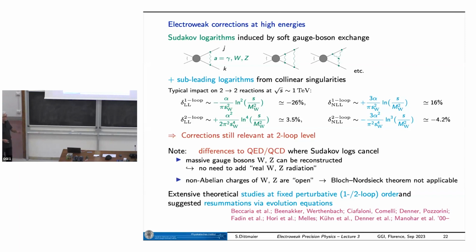Which means that whatever you do, even if you want to reach the level of inclusiveness to kill these corrections in order to make your predictions, your observable, perturbatively more stable, you will never manage it completely for a hadron collider. Also for e plus e minus, you would have to add scattering of neutrinos to get rid of these corrections.